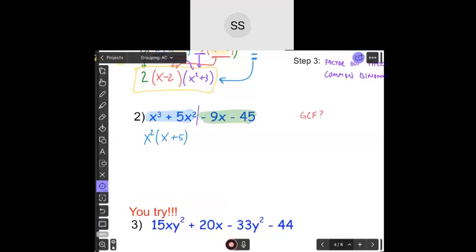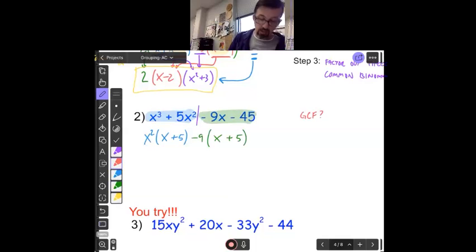Negative 9. Good catch. Make sure you're watching that sign. Since it's a negative 9, that first term is a negative, so you've got to bring out a negative. And Pamela, negative 9 times what? X and 5, positive 5. So plus 5. There we've factored each group, and then we stop and we check.